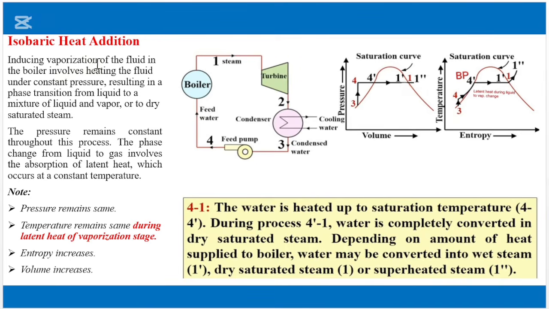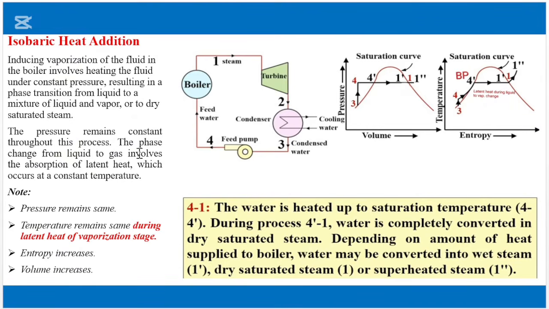Inducing vaporization of the fluid in the boiler involves heating the fluid under constant pressure, resulting in the phase transition from liquid to a mixture of liquid and vapor, or to dry saturated steam. The pressure remains constant throughout the process. The phase changes from liquid to gas, and this change involves the absorption of latent heat, which I'm going to talk about shortly.